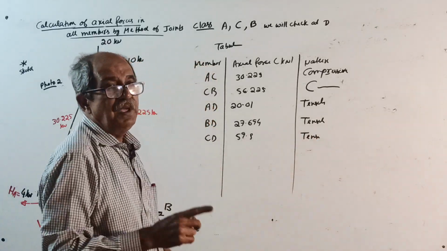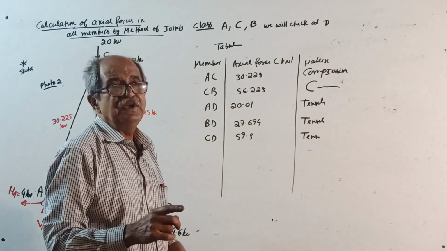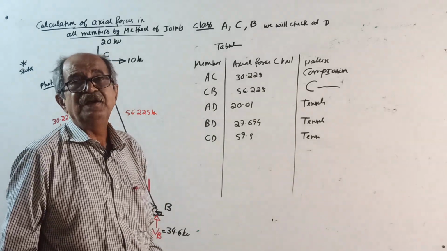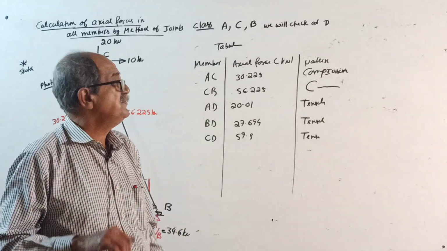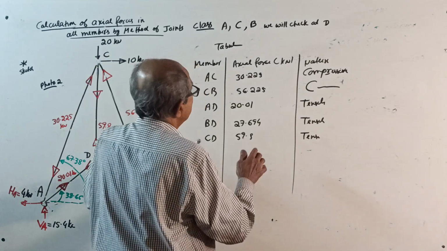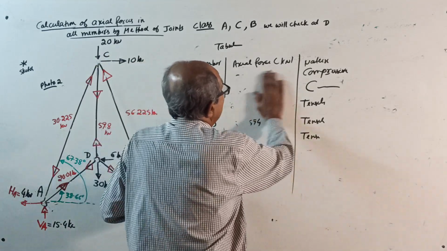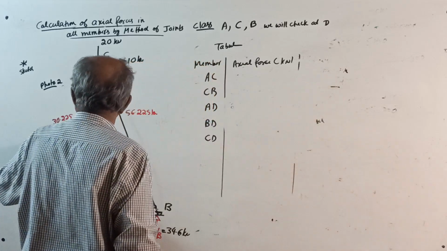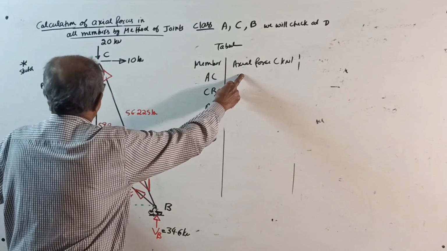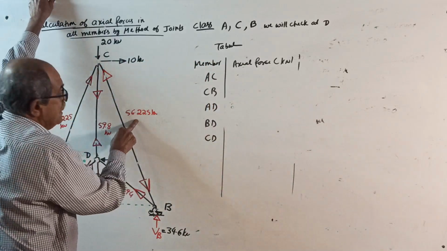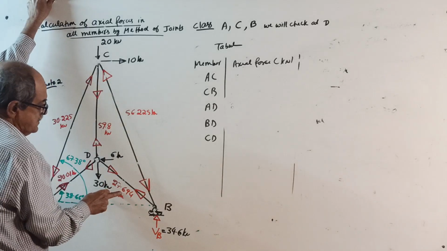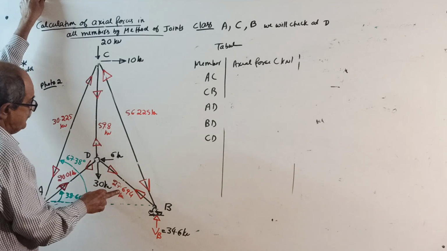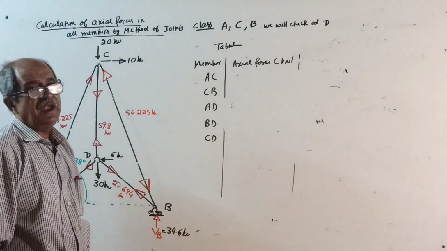Now, make a note. Suppose in examination, they ask you, tabulate the result showing tension positive. Then what you do is, see, not this way. Tension positive means AC, compression, minus 30.225, compression, minus 56.225, tension, here, tension, plus 20.01, plus 27.694, plus 59.8.